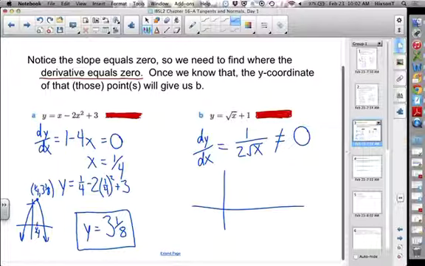Hey guys, this is where knowing your parent functions is helpful. If I'm graphing y, remember the square root of x starts at 0 and continues to go up. Since it has a plus 1, it's going to start at 1 and it's just going to look like this.